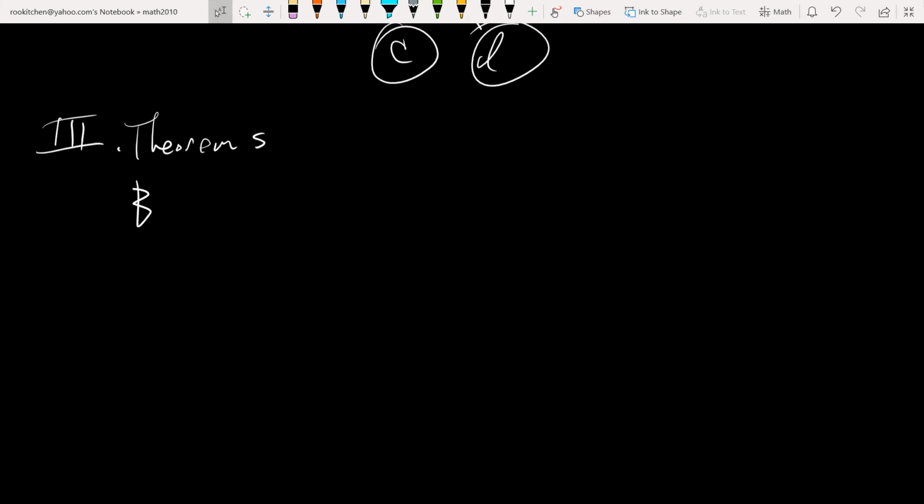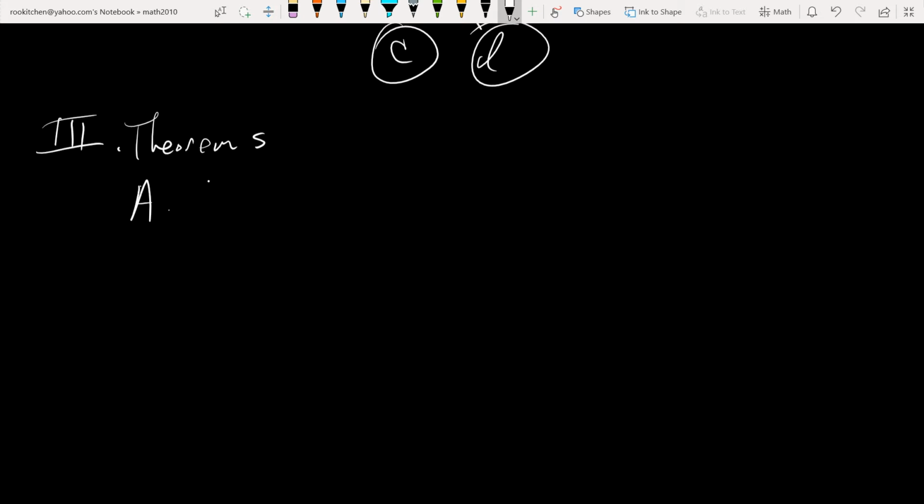The first theorem is, clearly I don't want to use B. The first theorem kind of relates internal vertices and terminal vertices.